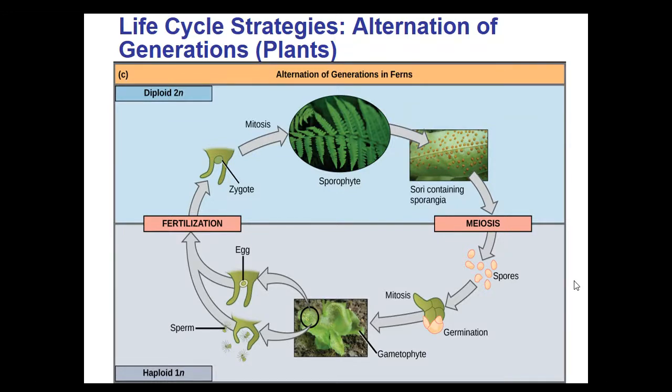There's 4 different groups of plants: the mosses, the ferns, the cone-bearing plants like pine trees that produce cones, and the 4th group is the flowering plants. 95% of plant species are flowering plants.